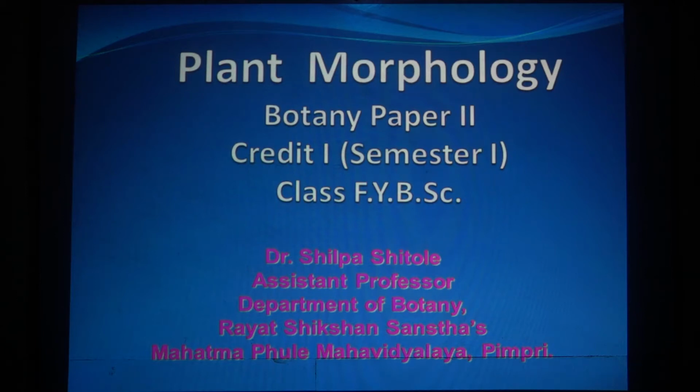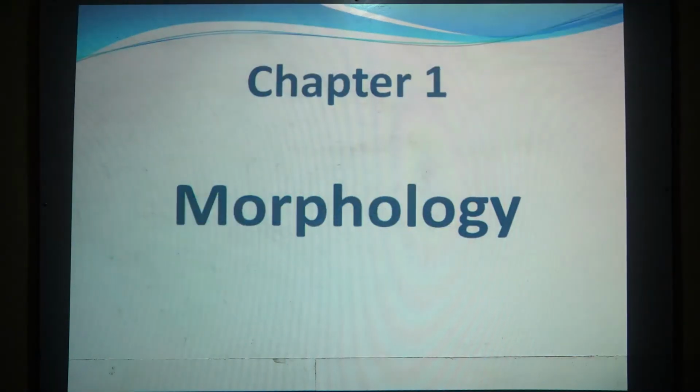Which external structures? For example, the size and shape of the whole plant, or leaf, root, stem, flower, fruit, and even seed are studied under morphology. So, the definition: plant morphology is the branch of botany which deals with external features of the plant.